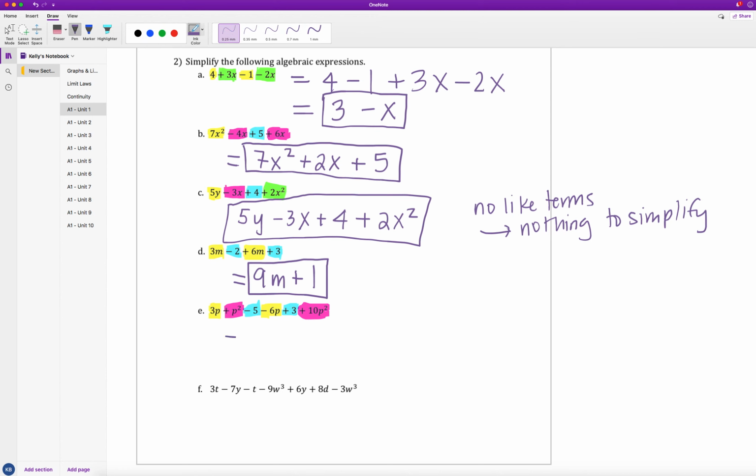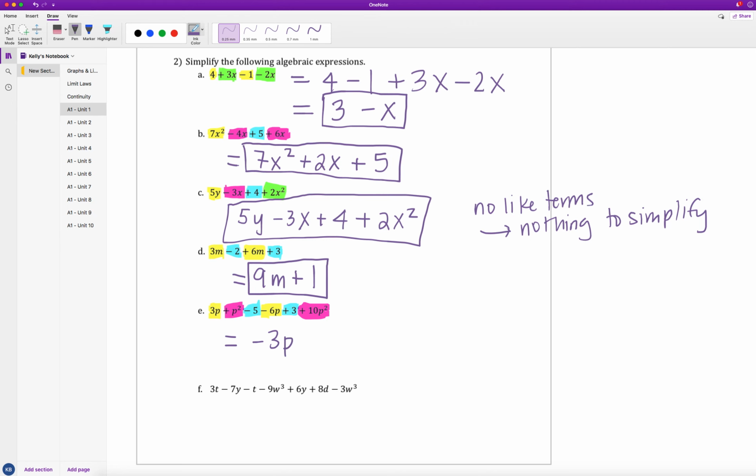Now that we've identified what all of the like terms are, let's add and subtract them together. So for the 3p and the negative 6p, in this case, we're subtracting our coefficients. So 3 of them minus 6 of them will give me negative 3 of them, so negative 3p.